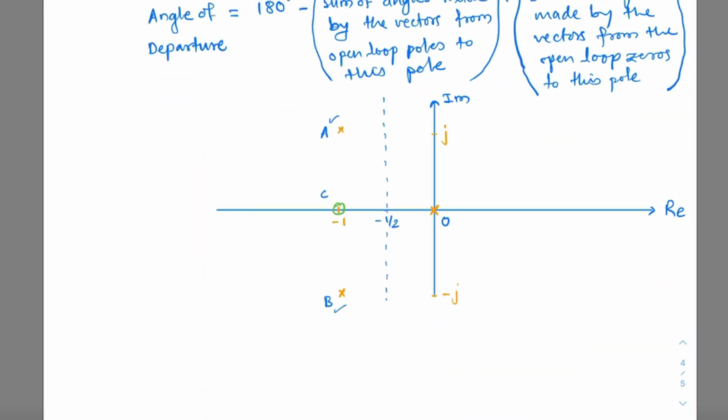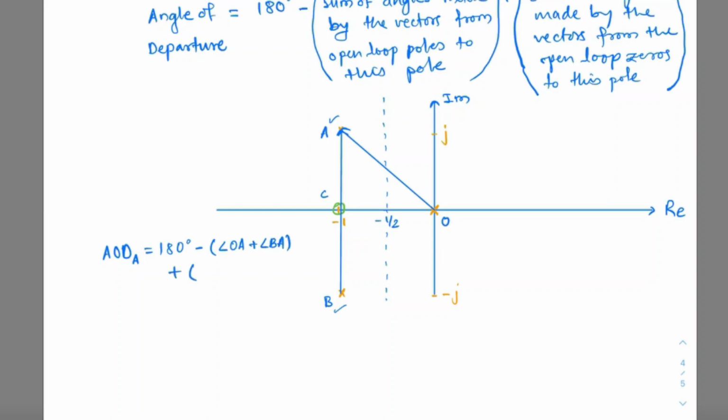So let us see, the angle of departure for this pole A will be 180 degrees minus the angle of pole origin at O to A, so let me write it as OA, plus the second pole, which is this one, plus angle BA.